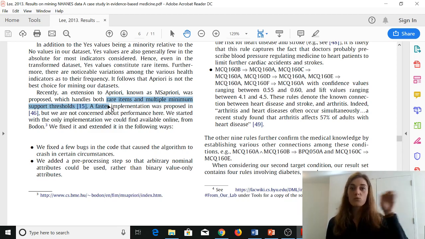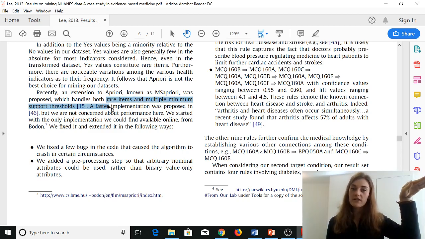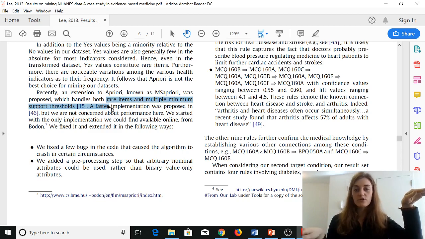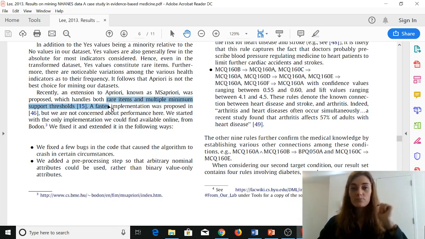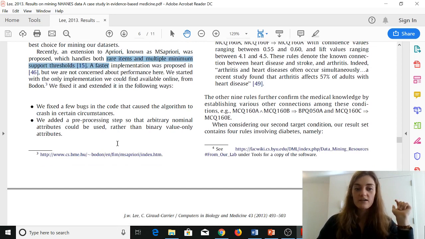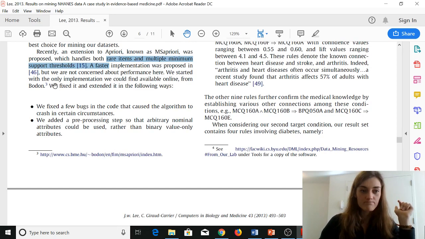So if you only set one support, your algorithm will only search for the frequency of that item set occurring at that support level. But for rare conditions, you would want to set a lower support level to detect variables that don't occur as frequently. So they propose an MS a priori algorithm, which they refer to, let's see.